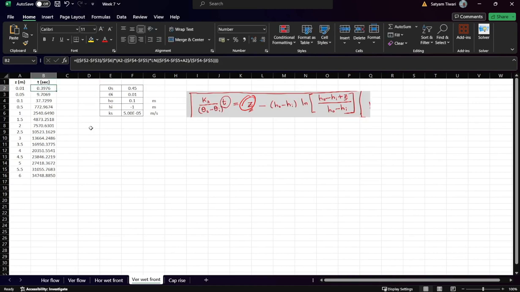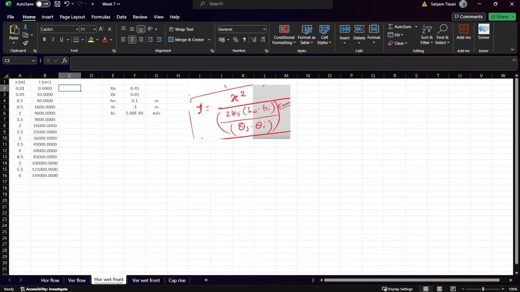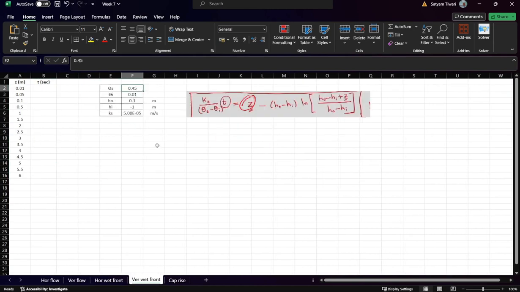And here we can observe that I've written the same in a similar format as for the horizontal flow. Okay, the value of theta s is provided as 0.55, 0.45, theta I is 0.01, h naught is 0.1, hi is -1, and ks same as the last case.